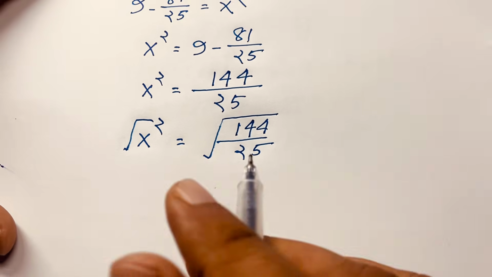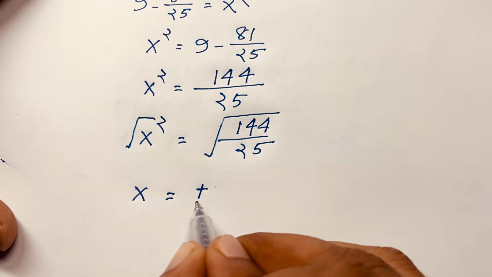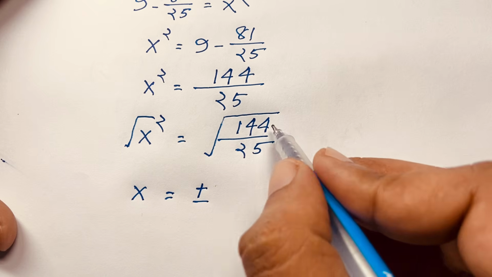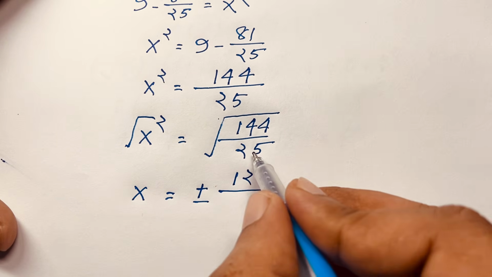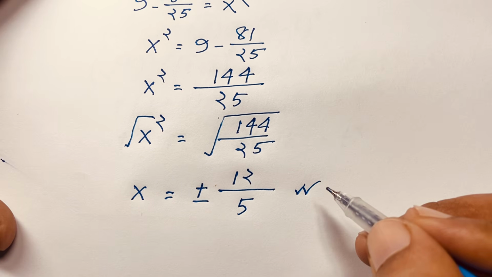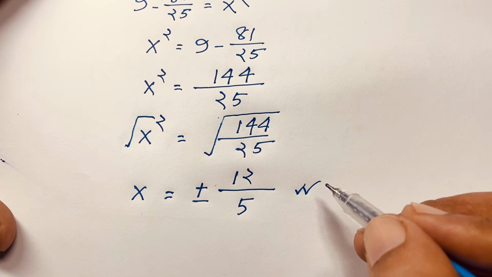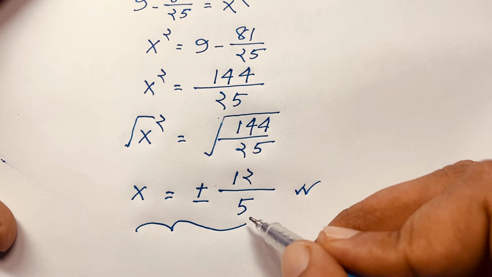So you can see that here x is equal to plus minus square root of 144, this is 12, and square root of 25, this is 5. So this is our final answer in this radical maths Olympiad question. This is the value of x. X is equal to plus minus 12 over 5.